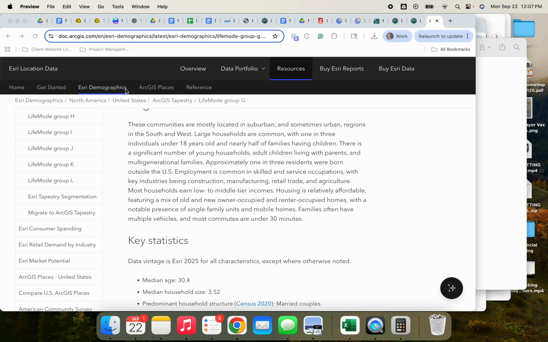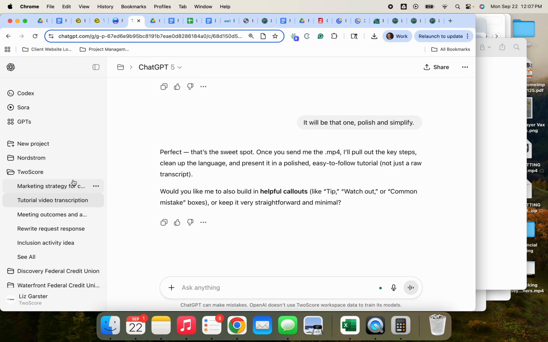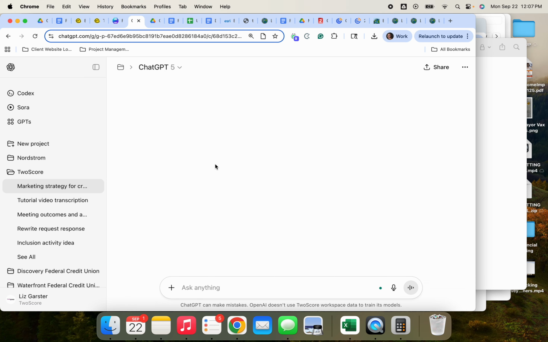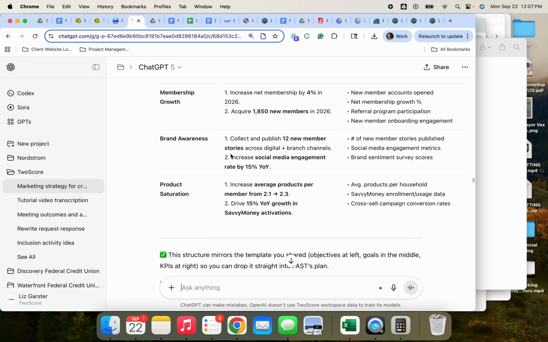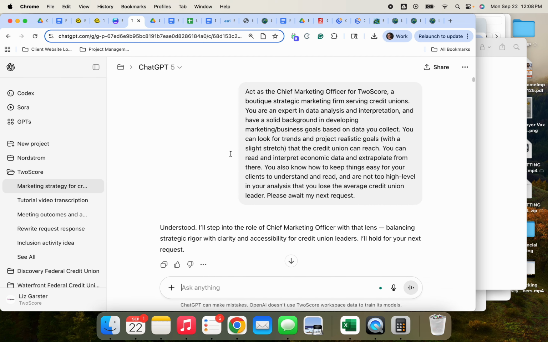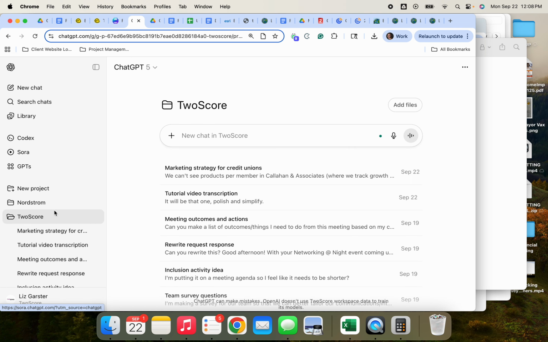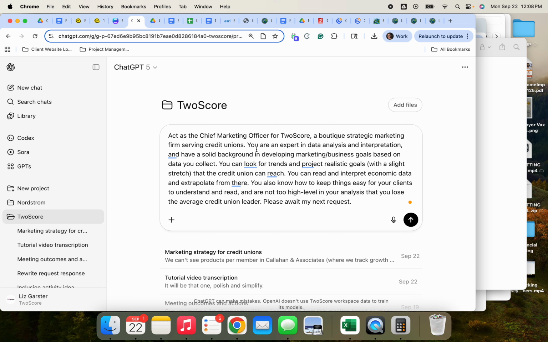Okay, so let's go back to ChatGPT. I'm going to copy my prompt from before where I had it act as a data analyst, because we're analyzing more data, but I want to have this kind of separate. So, act as chief marketing officer, expert in data analysis, reputation.